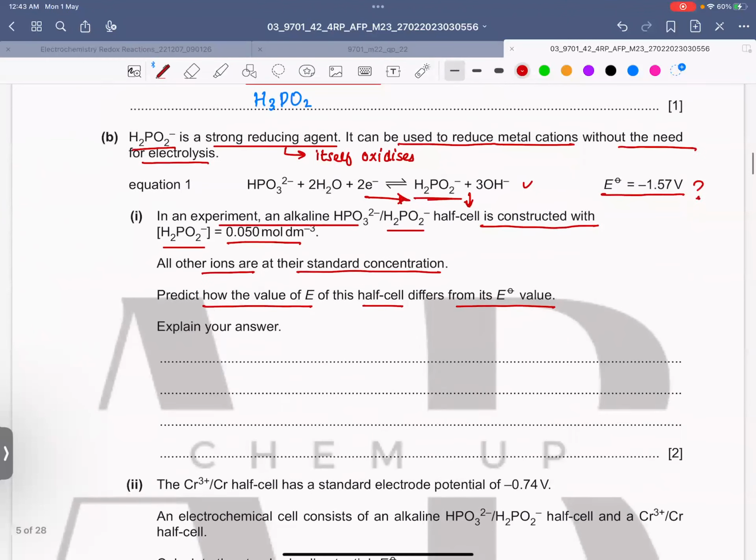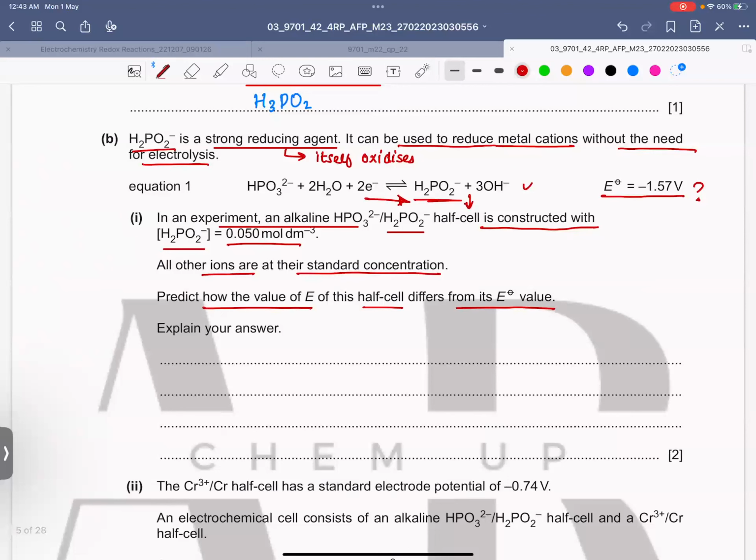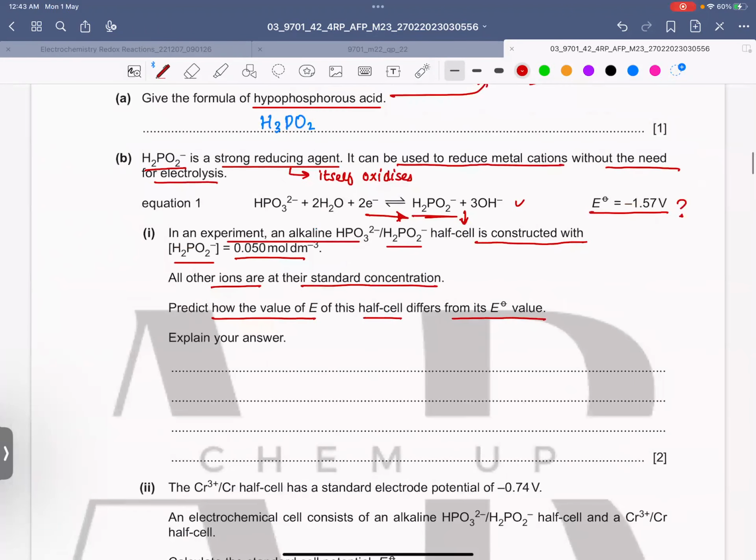Sir, but isn't H2PO2 negative getting oxidized? When it is connected with the other half cell, then it would happen. But right now they are asking, see, they said that the other ion concentration is 1 mole per dm³, right? So this ion is 1 mole per dm³ and this ion is 0.05 mole per dm³ instead of being 1 mole per dm³, so what would happen?